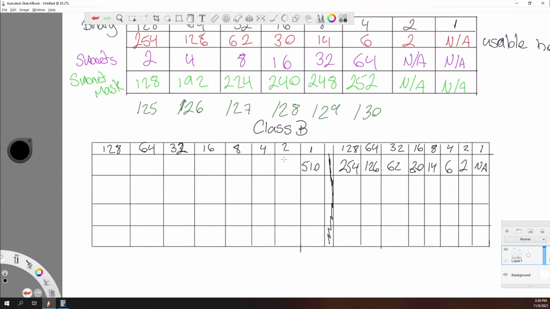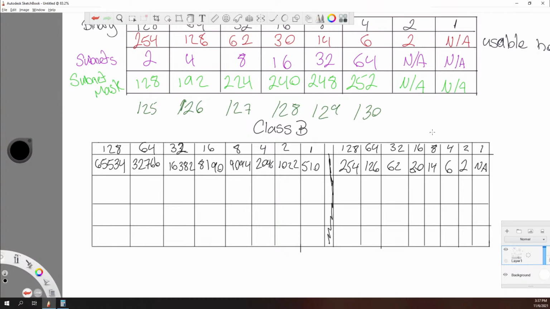So we have 510, and then 1022, 2046, 4094, 8190, 16382, 32766, and 65,534 for our usable.